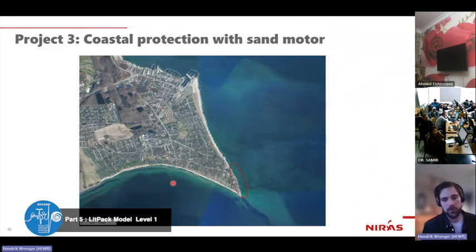So this is a top view, and there are sort of two coastlines with a very different orientation on the tip of this peninsula here. The idea is to place a sand motor in this area, which is then transported over time along this beach, and has to be refilled from time to time to stop the chronic erosion along that beach.